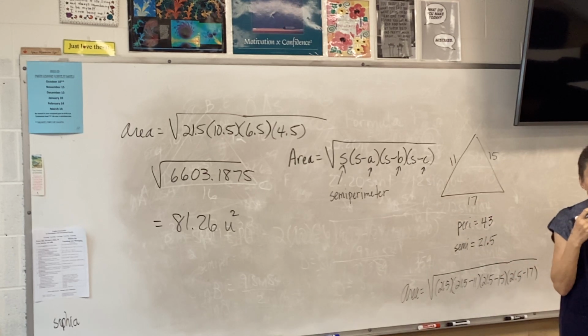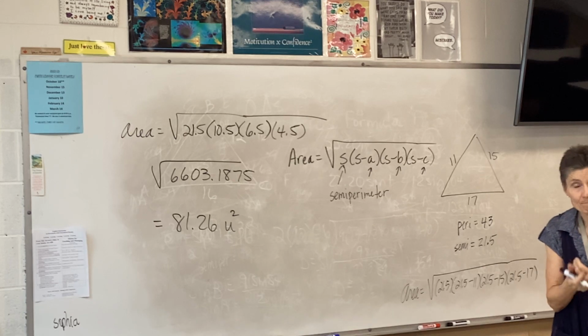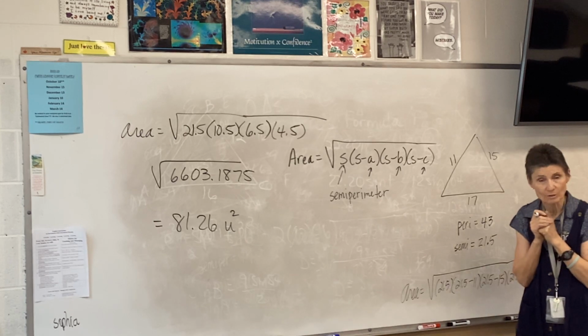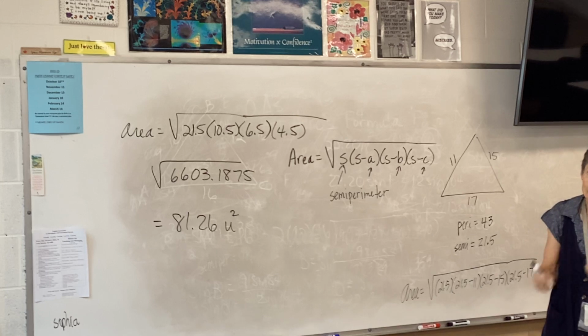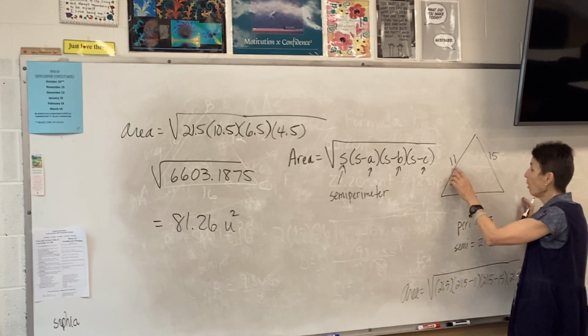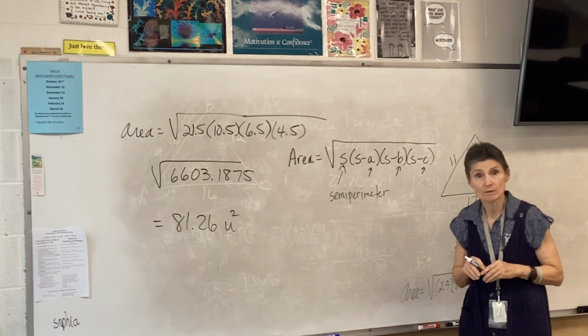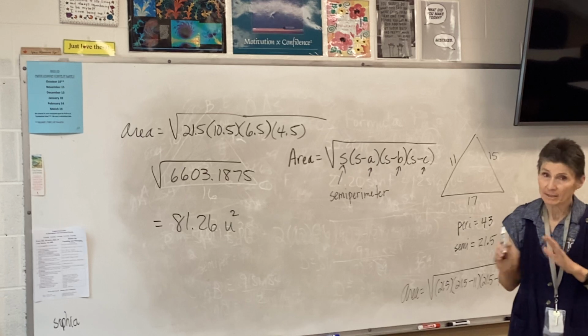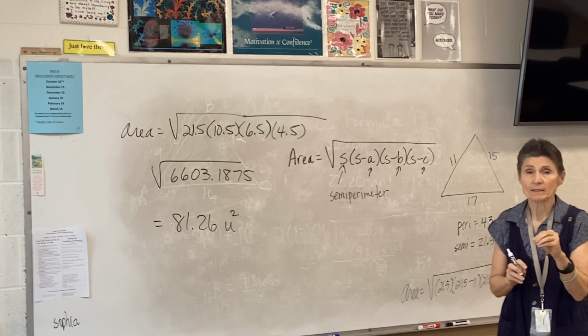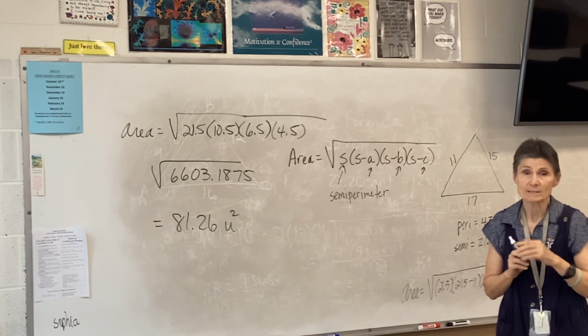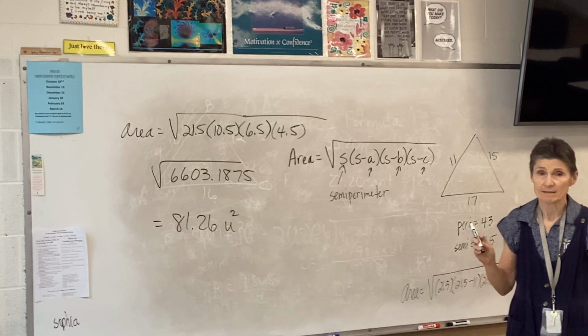Because in order to do Hero's formula, you have to know the perimeter. And the perimeter is all the sides added up. So if you do not have all the sides, then you're not going to be doing the problem with Hero's formula. Okay, let's make a note of that. Hero's formula, if I know all 3 sides, then it's easy.